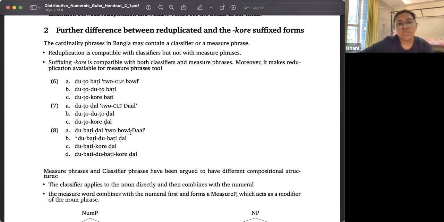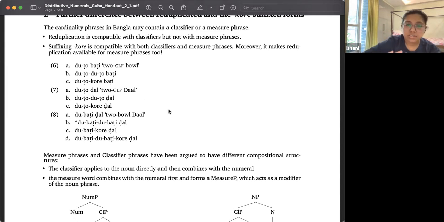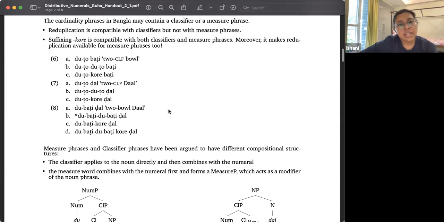So what you see in 6, 7 and 8: duto bati, so this is two classifier bowl, reduplicating numeral and classifier, cool, and duto kore bati is good too.